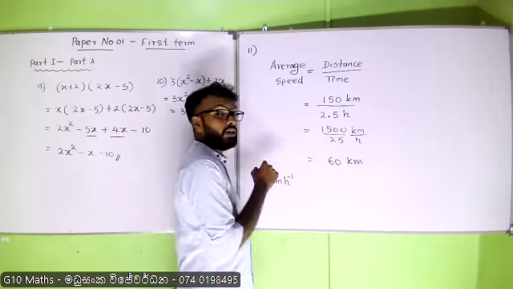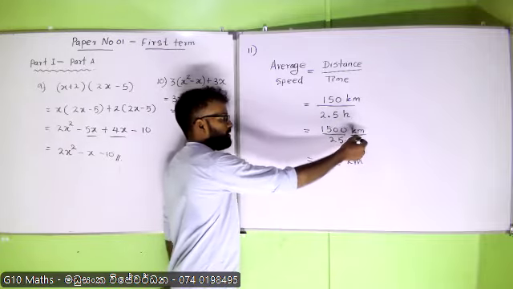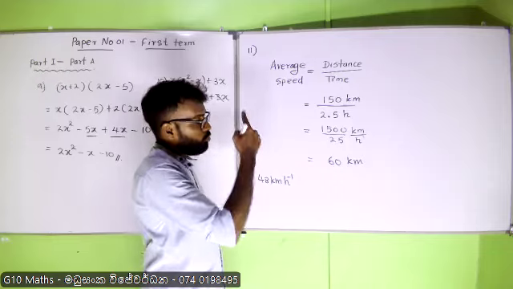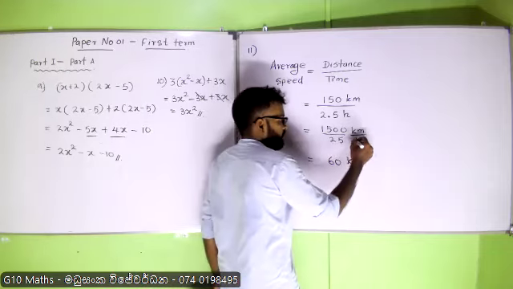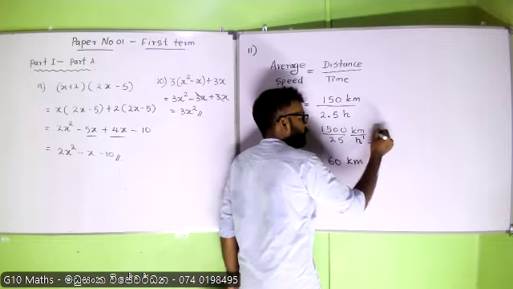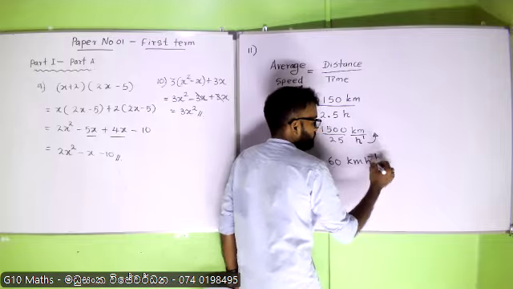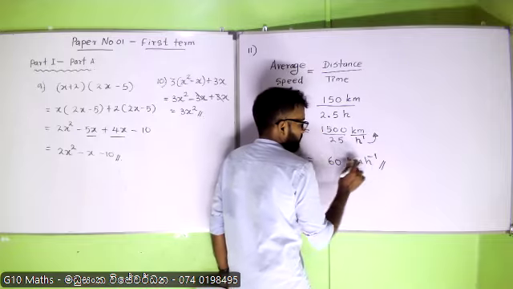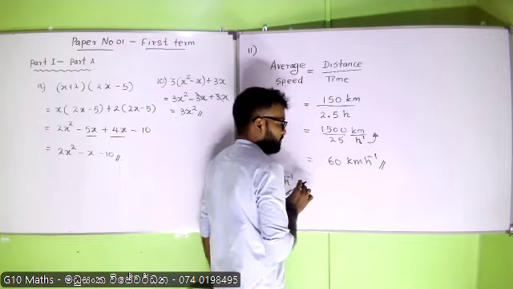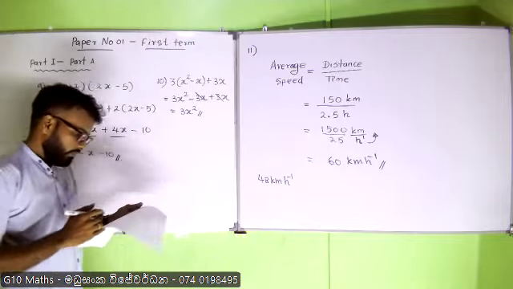By using the knowledge of indices, you can take this power 1 to the numerator. When it goes to the numerator, it becomes -1. So this is 60 kilometer per hour. So that is the speed, 60 kilometer per hour.